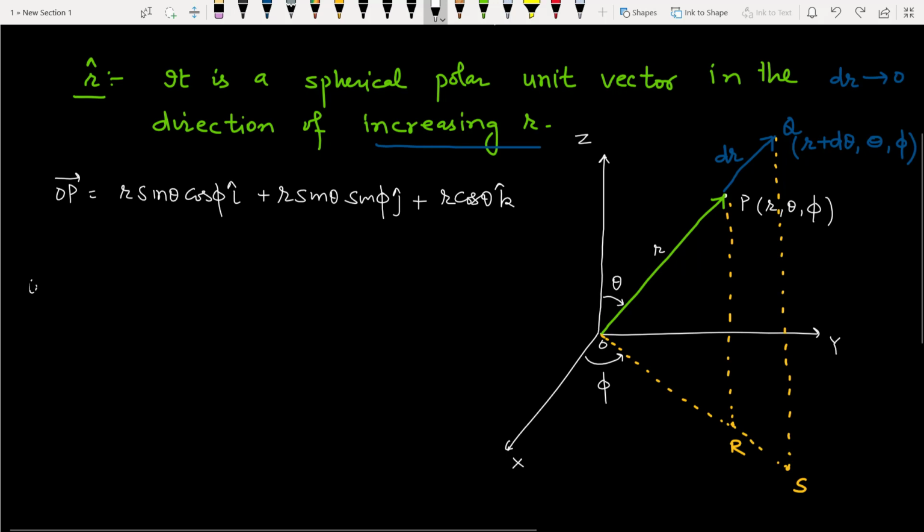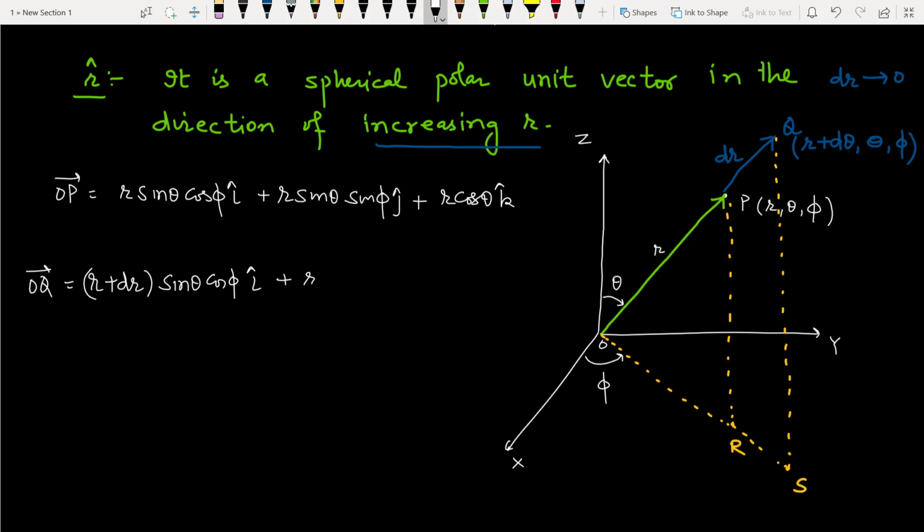So here we can write OQ vector as r plus dr sin theta cos phi i cap, r plus dr sin theta sin phi j cap, r plus dr cos theta k cap.